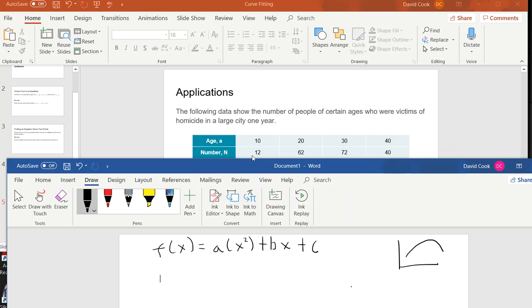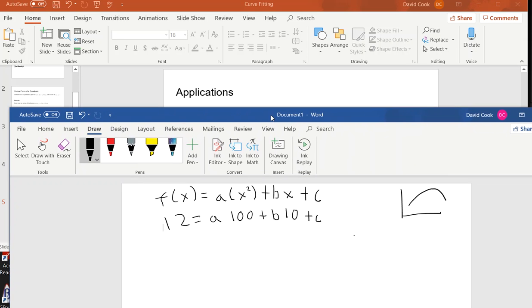So if I plug in 10, that's going to give me 12 is equal to a times 10 squared, which is 100, plus b times 10, plus c. If I plug in 20, that's going to give me 62 is equal to a times 400 plus b times 20 plus c.